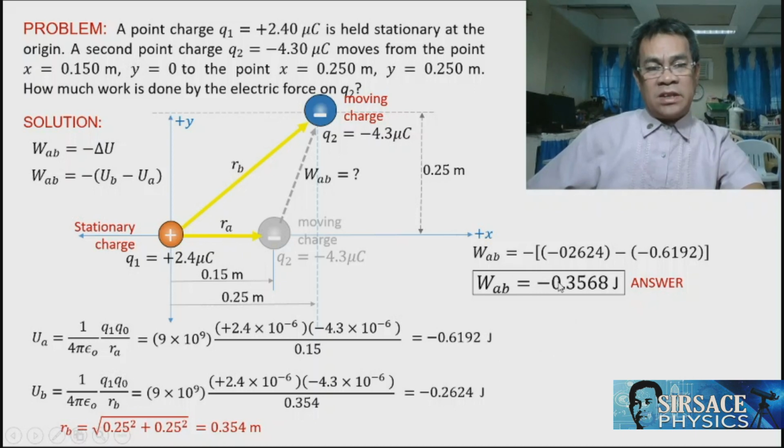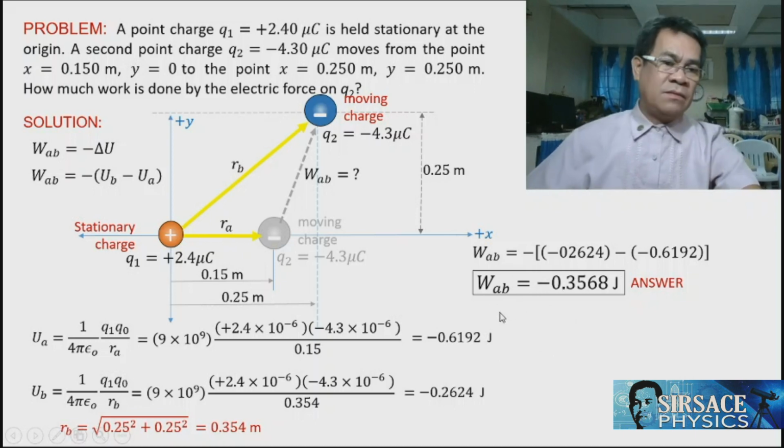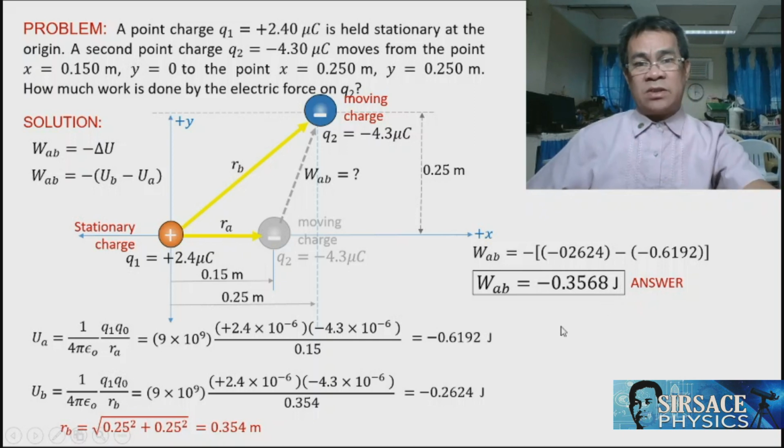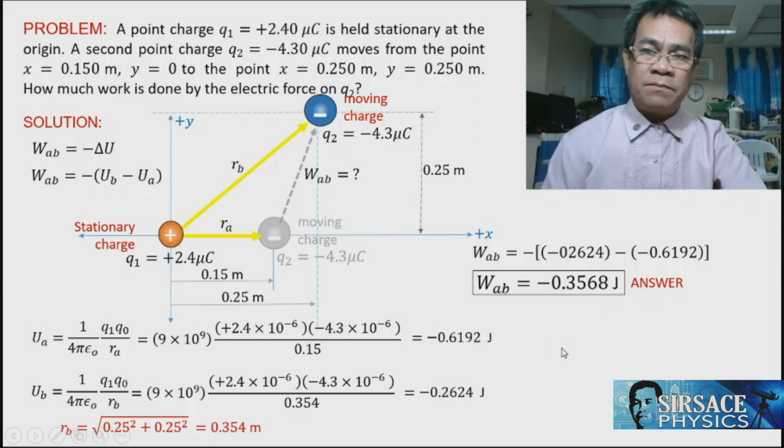The work done is negative because we substitute everything here, and these are the results of the change in electric potential energy. So our final answer is negative 0.3568 joules, and this answers the problem.